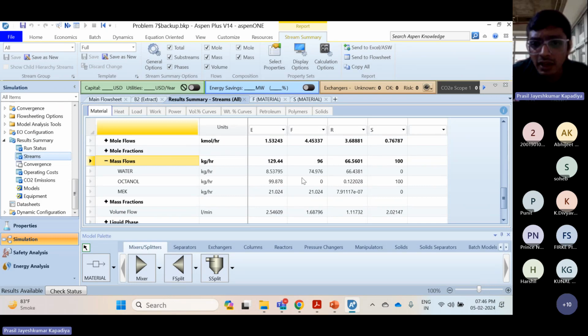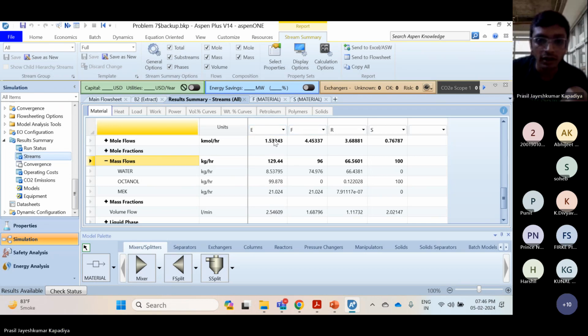So here, in the problem statement, water was 75 kg per hour and MEK was only 21. So the quantity of MEK is considerably less in water. So we should not go for distillation operation. We should go for liquid-liquid extraction.